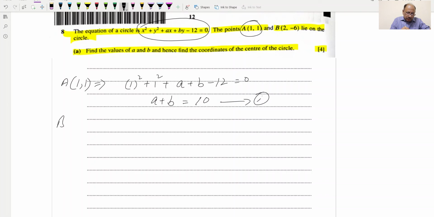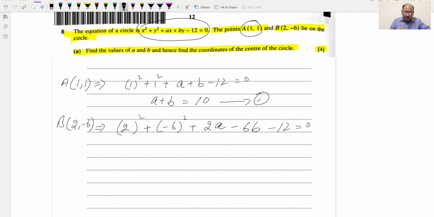And when we use the B point, which is (2, -6), we can replace these values. So it will be 2 squared plus (-6) squared plus A times 2, which is 2A, and minus 6B, minus 12 is equal to 0.